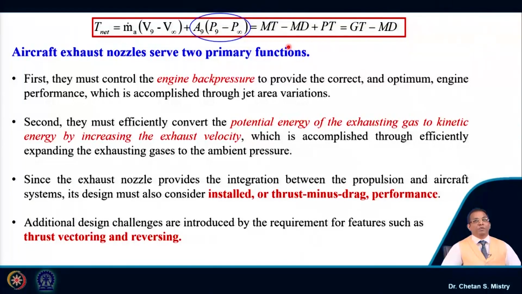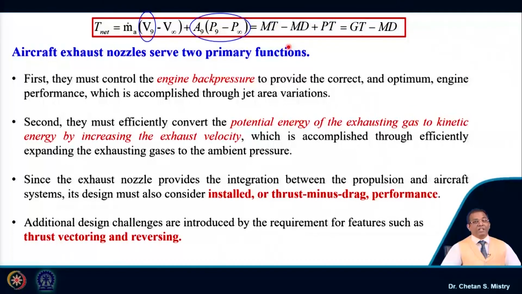The second purpose, in terms of my exit velocity, is that it must efficiently convert the potential energy of the exhaust gas into kinetic energy by increasing the exhaust velocity, and by that means it exhausts the gas to the ambient atmosphere in an efficient expansion.